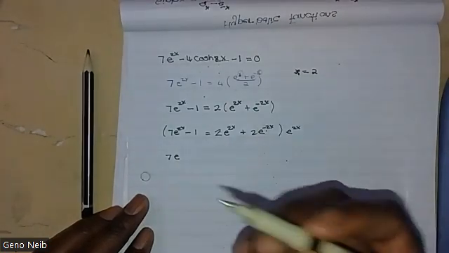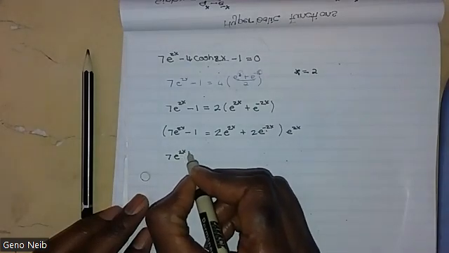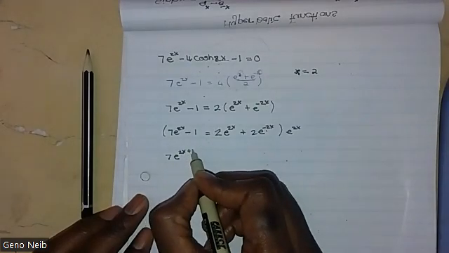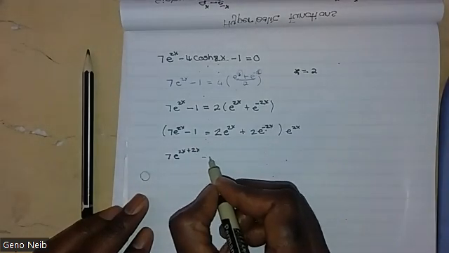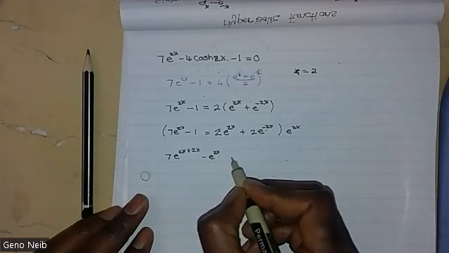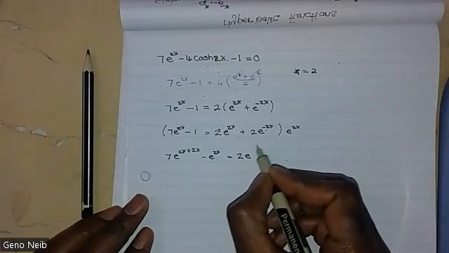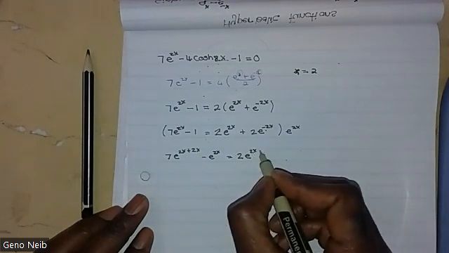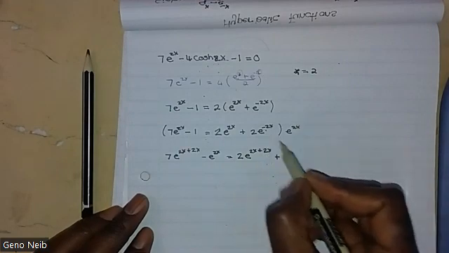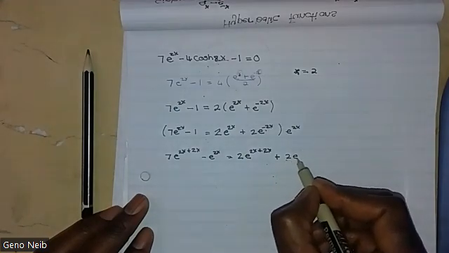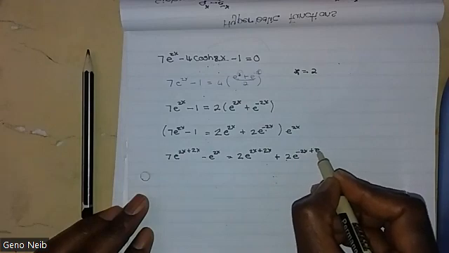And from laws of exponential functions, it will be e to the 2x plus 2x. And this one will be e to the 2x, which equals 2e to the 2x plus e to the 2x plus 2e to the negative 2x plus e to the 2x.